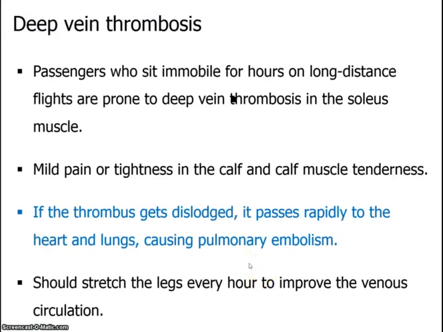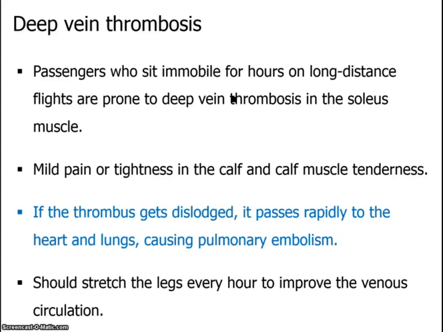Now there is a condition called deep vein thrombosis. Passengers who are traveling for long distances, not moving their limbs, not contracting the muscles of their lower limb, can actually get blood clots developing in their deep vein system, which is called deep vein thrombosis.